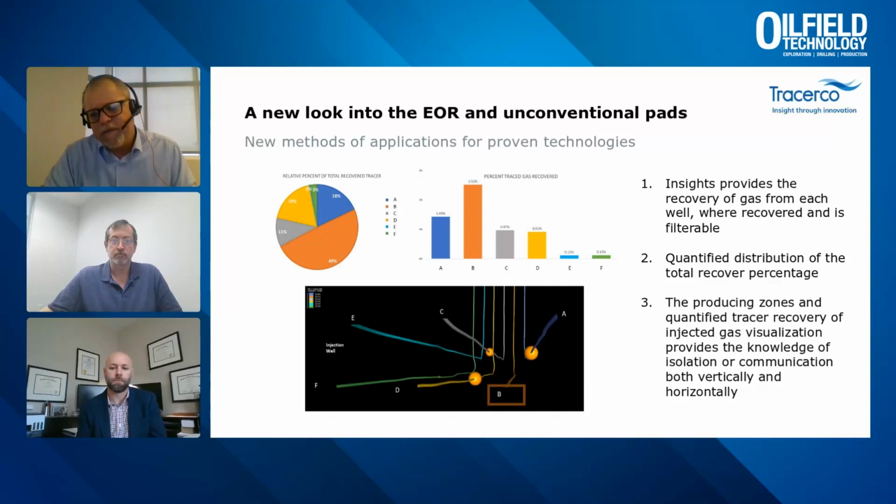However, the most valuable piece of information is really understanding the quantities. And through this methodology, we can represent the quantities, which is the bar charts in the top right. So we quantify the actual recoveries of my injected gas from the injection well, as well as its offsets, and how that relates to percentages of recovery as well as economics.